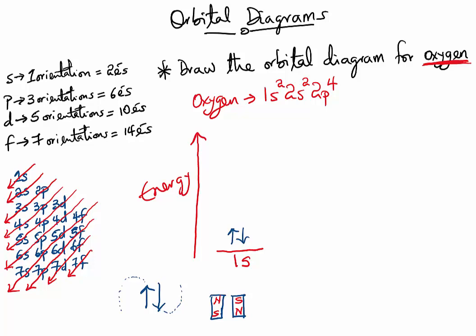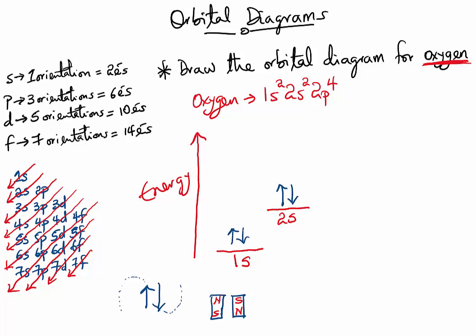After the 1s orbital, we have the 2s orbital, which also has 2 electrons. The 2 electrons will also be spinning in opposite directions. So that represents 2s orbital.